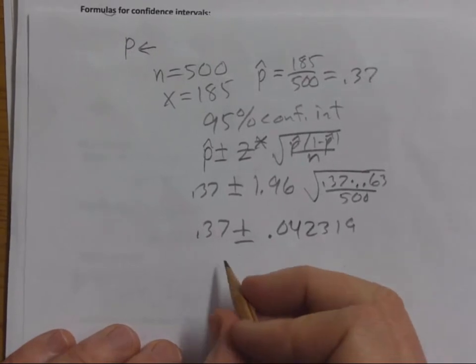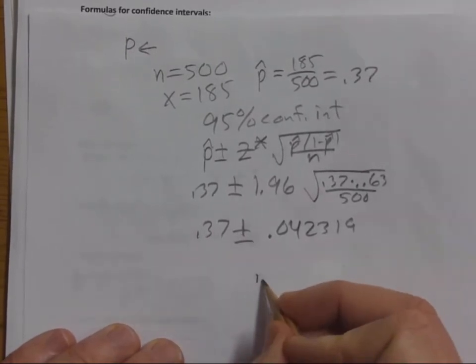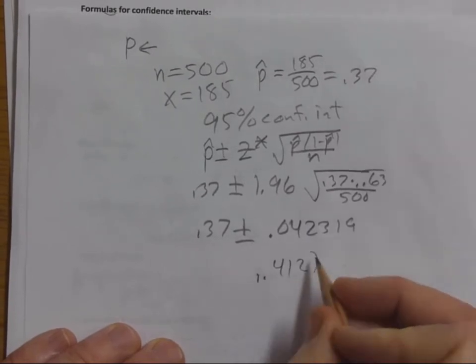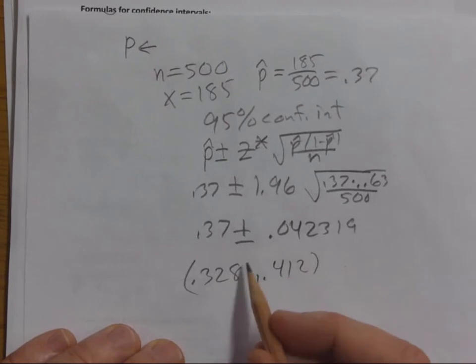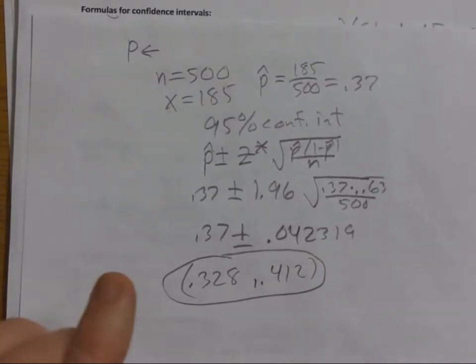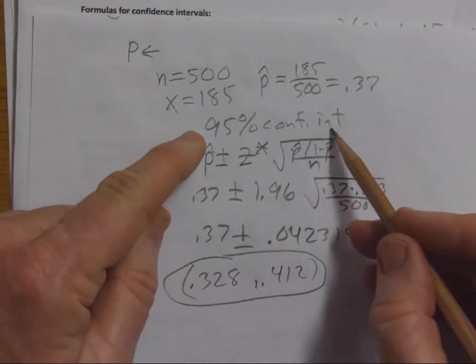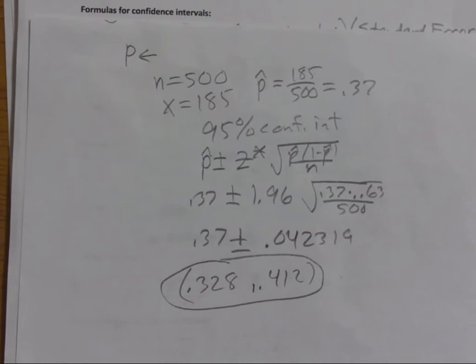And so our confidence interval, doing a little rounding here, is 0.37 plus that is 0.412, and 0.37 minus that is 0.328. And so that is our confidence interval. And our conclusion is we are 95% confident that p is in that interval. We don't know what p is, but we are 95% confident that it is in that interval.